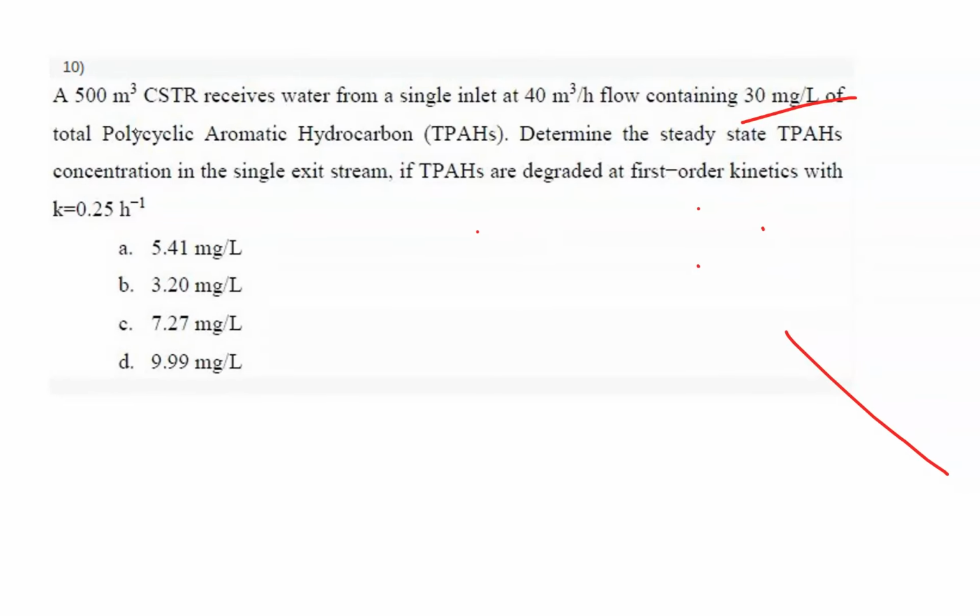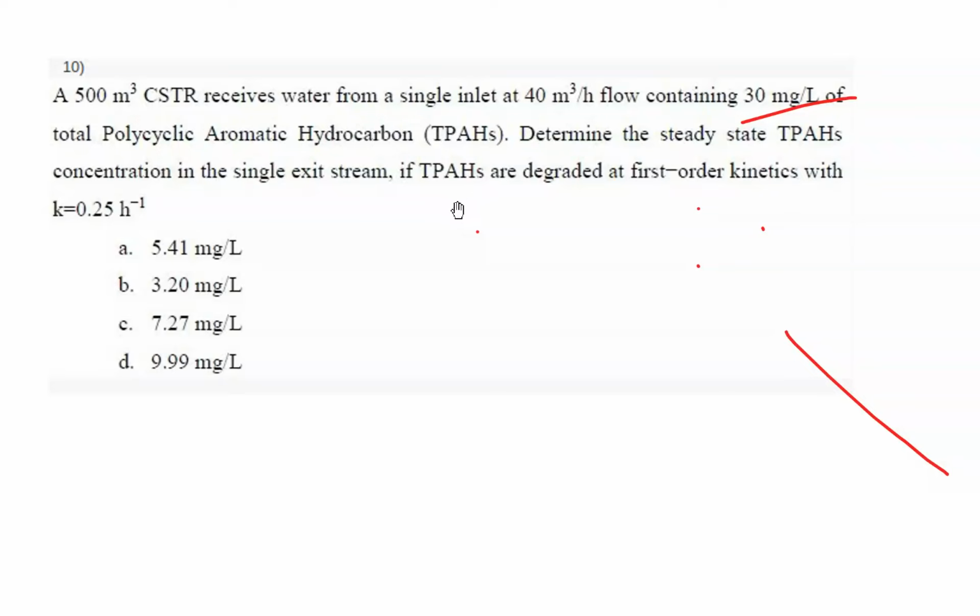A 500 meter cube CSTR, continuous stirred tank reactor, receives water from a single inlet at 40 meter cube per hour flow containing 30 milligram per liter of total petroleum hydrocarbon.